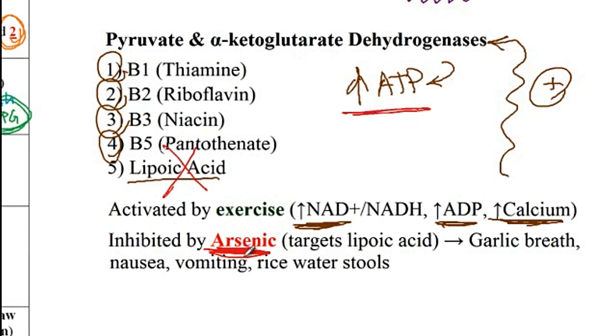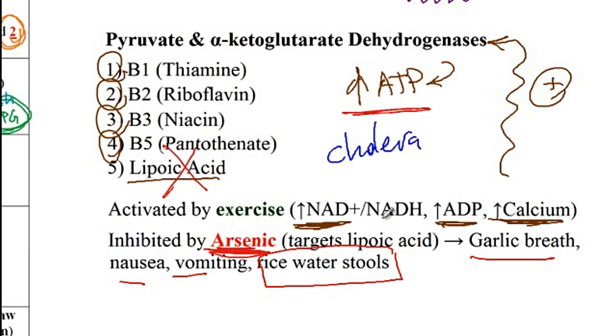So patients with arsenic toxicity present with garlic breath, nausea, vomiting, and rice water stools. Now, there is another infection that is associated with the production of rice water stool. Could you tell me what that is? So infection with cholera can also lead to the development of rice water stools.